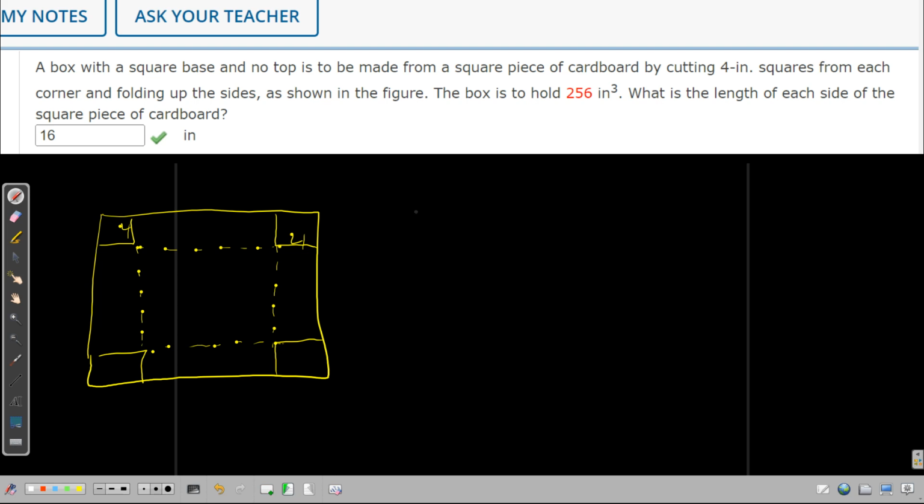So let's say that this is just our length. Then length times width times height is the volume. But the width is the length, and the height is 4.